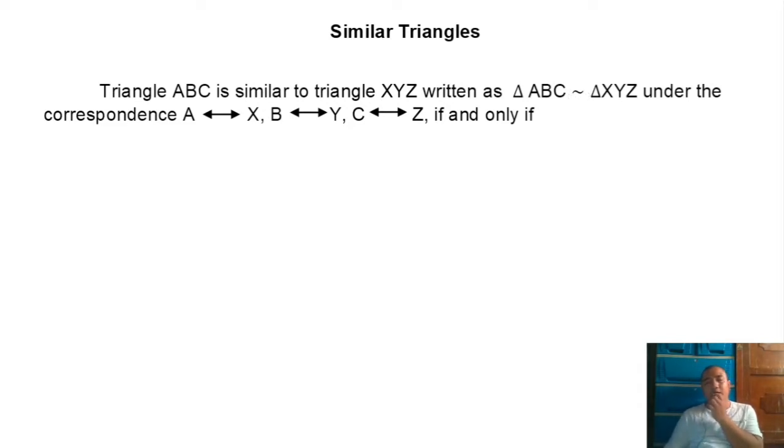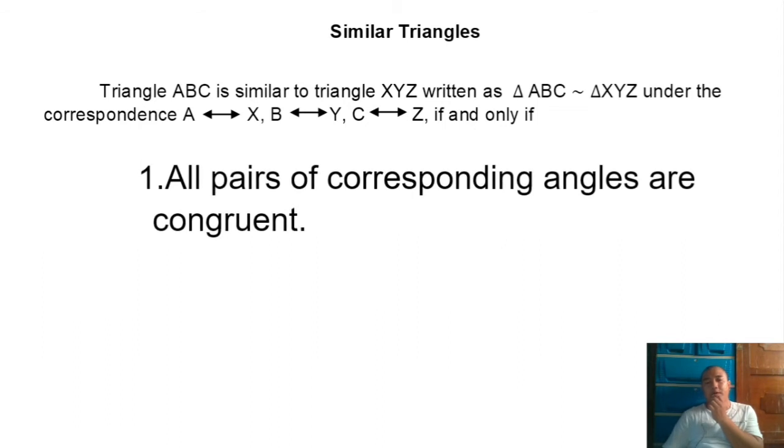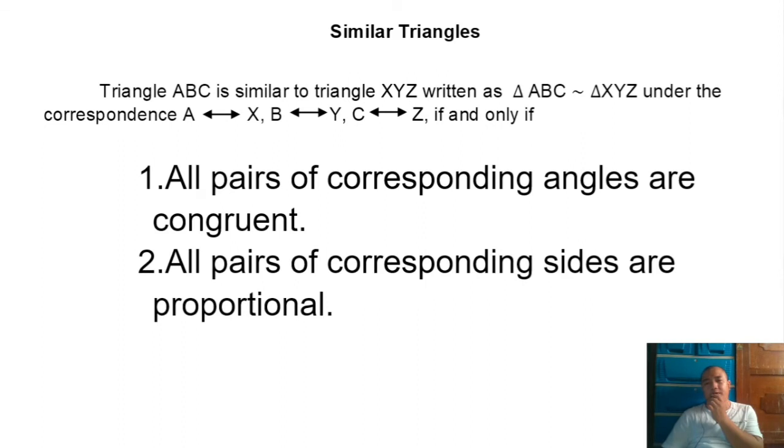So under the correspondence, A corresponds to X, B corresponds to Y, and C corresponds to Z, if and only if all pairs of corresponding angles are congruent and all pairs of corresponding sides are proportional. So these are the two basic definitions of similar triangles.